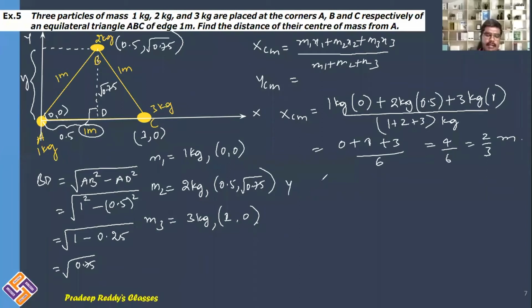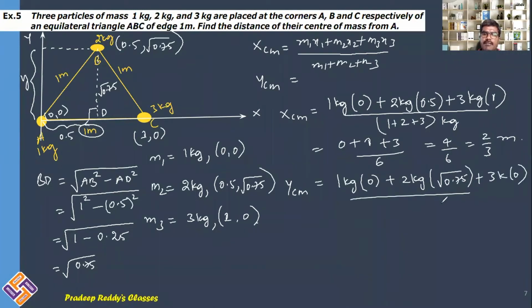Likewise, you can calculate YCM. YCM is equal to 1 kg into, what is y1? 0. 2 kg, what is y2? Under root 0.75, plus 3 kg into 0, divided by 6 kg. This will be 2 kg into under root 0.75 plus 0, divided by 6 kg.